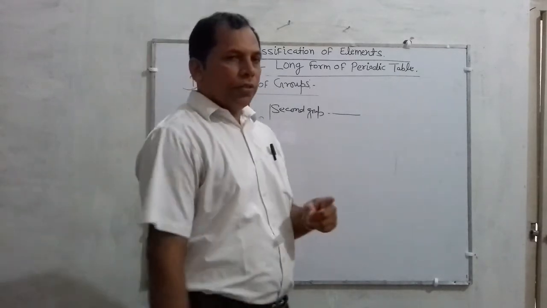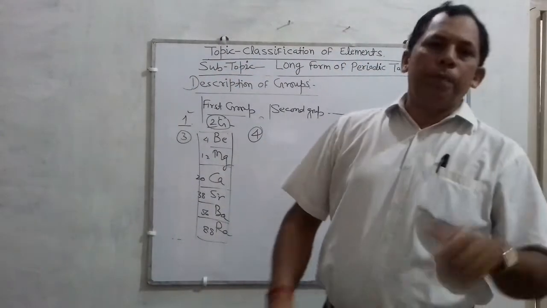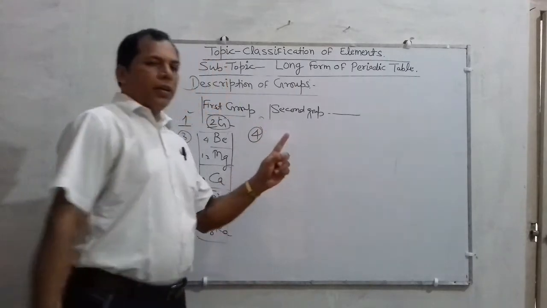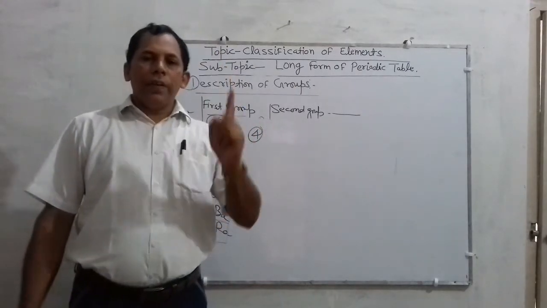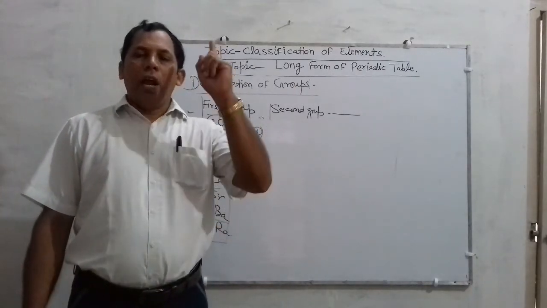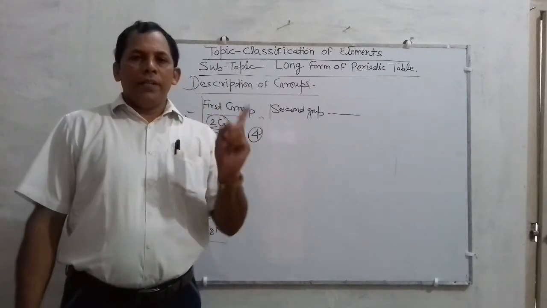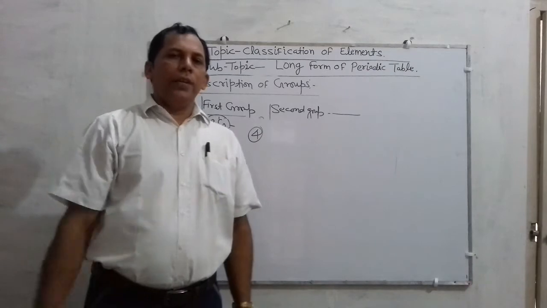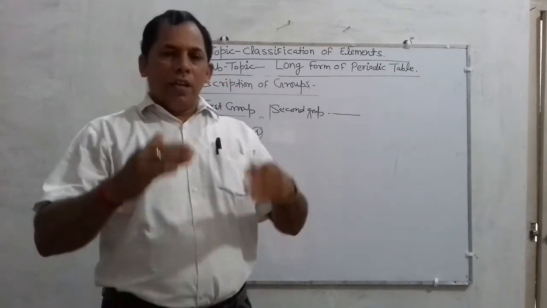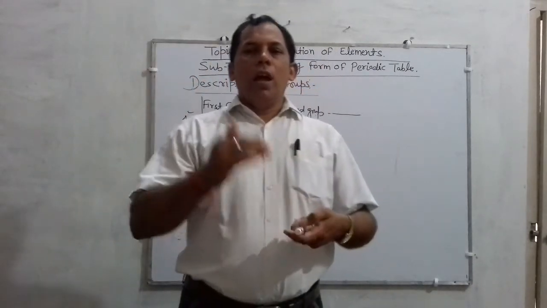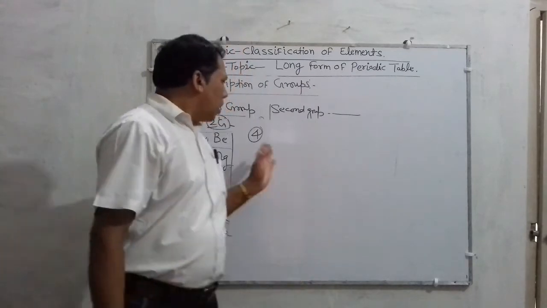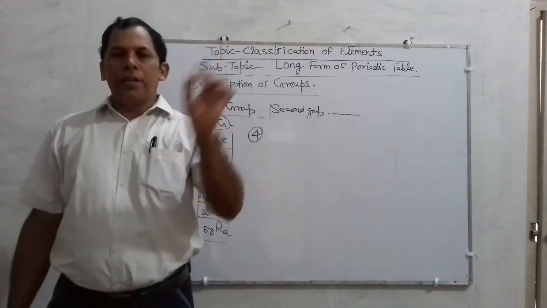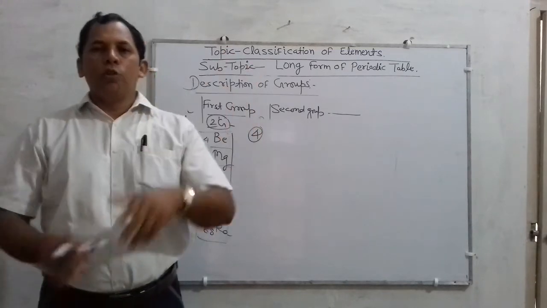The elements belonging to groups 1, 2, 13, 14, 15, 16 and 17 possess their outermost shell incomplete while their inner shells are fully filled, called normal elements or representative elements or main group elements.